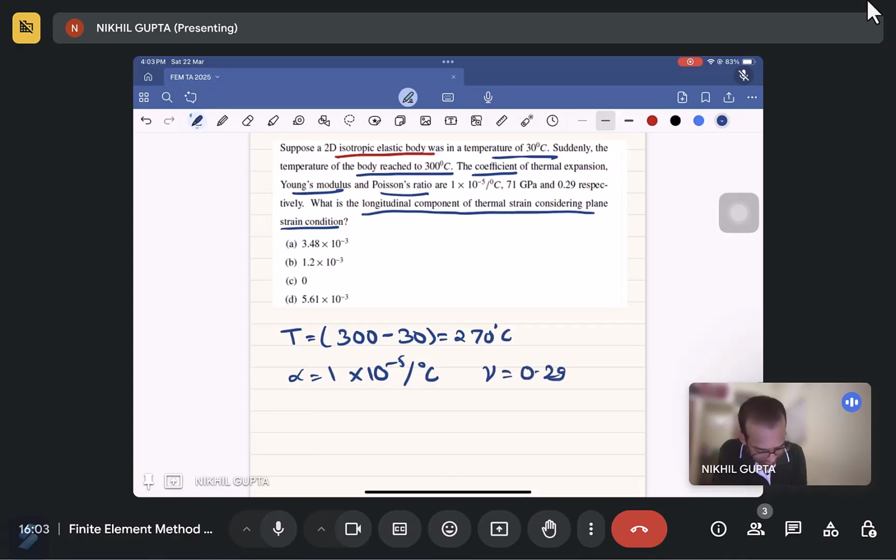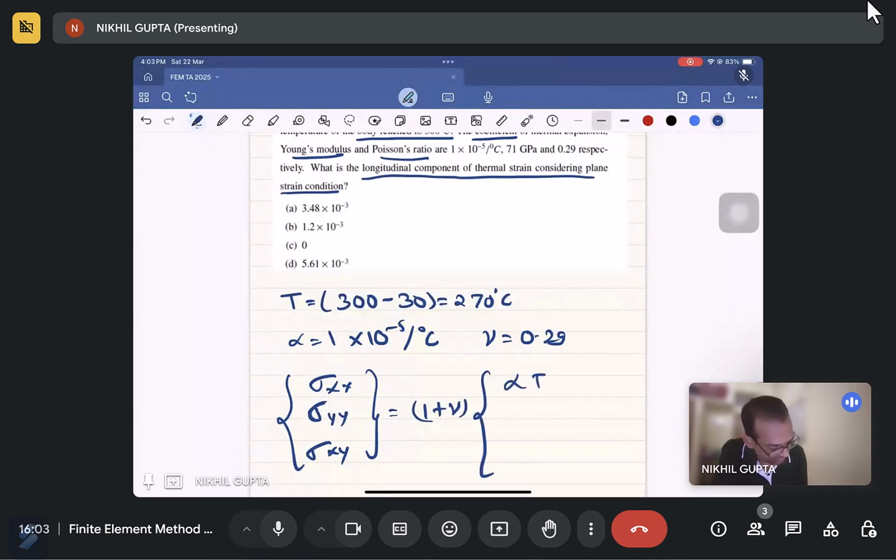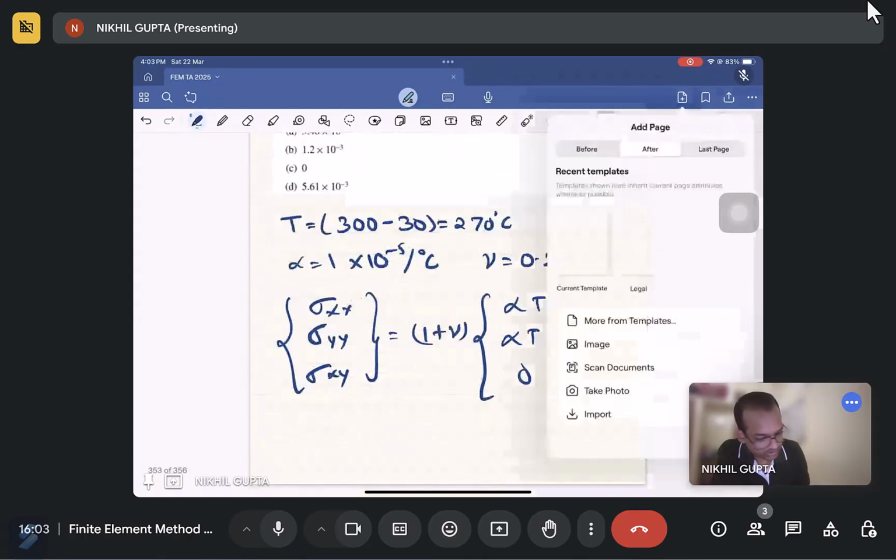We have seen for the plane strain condition, the strain in yy and xy is given as (1 plus nu) alpha T and 0, and you solve this.